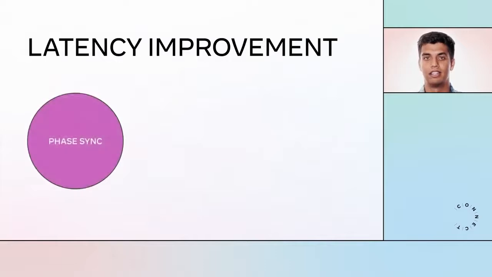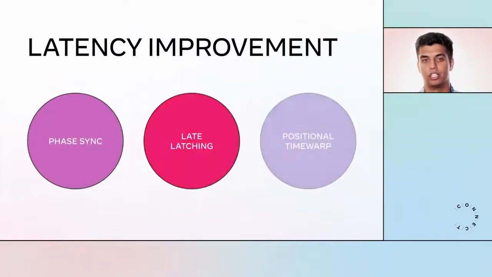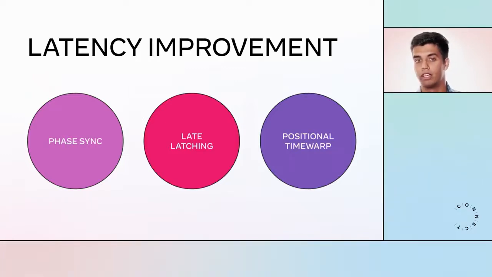And we implemented 3 extremely important and complementary techniques: phase sync, late latching, and positional time warp, also known as PTW. And we're excited to share that phase sync and late latching can reduce input latency and rendered latency to much lower levels that we feel are perceptually equivalent to the latency of a full frame rate app that doesn't even use these latency optimizations.